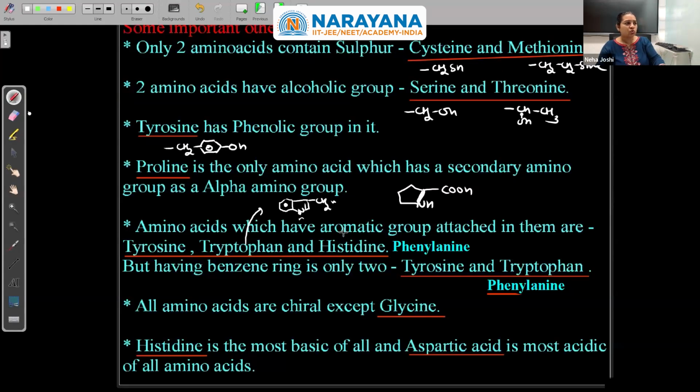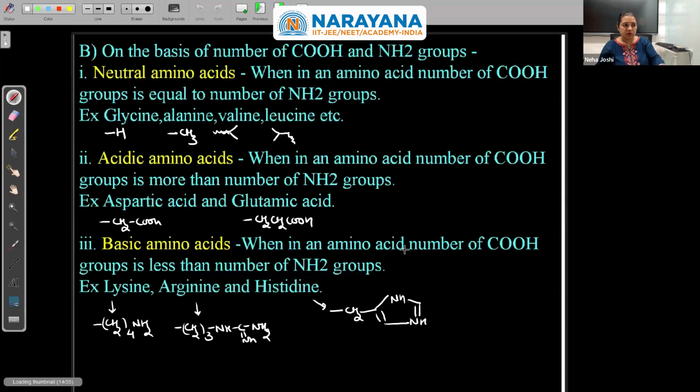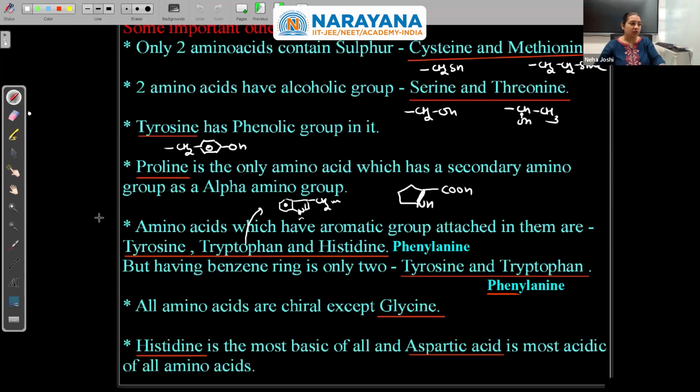Histidine, I just drew somewhere a few seconds back. Here is histidine. Okay. Phenylalanine, yes. Phenylalanine is also having an aromatic group. So amino acids which have an aromatic group in them are tyrosine, tryptophan, histidine, and phenylalanine.